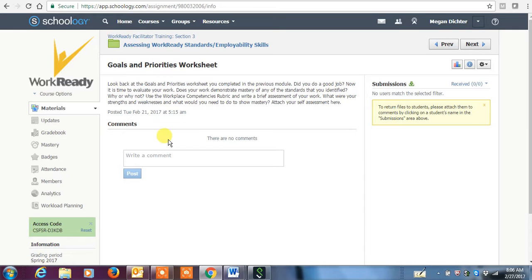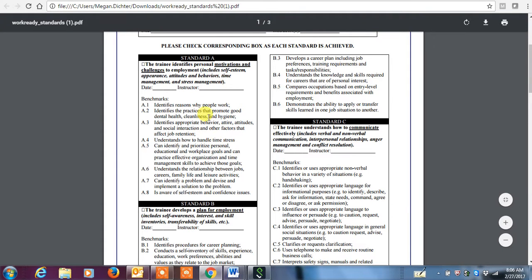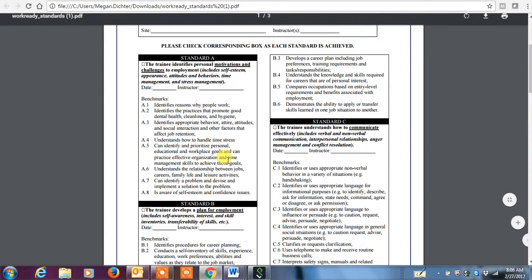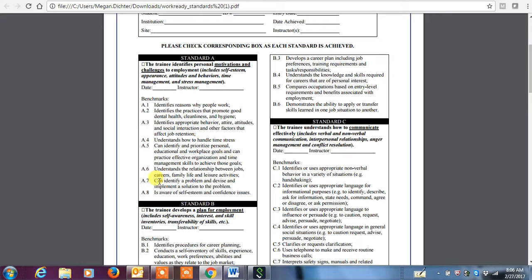So what I want you to do is think about, did you do a good job? Did you identify or did you show mastery of the standards that you identified in our last assignment? So for example, if you identified a benchmark from standard A, so for example, A6 understands the relationship between jobs, careers, family life, and leisure activity, or A7 can identify a problem and devise and implement a solution to the problem.